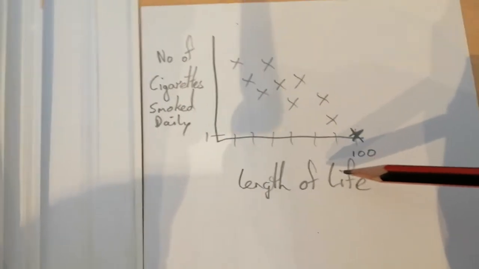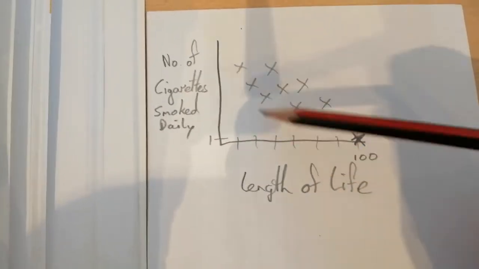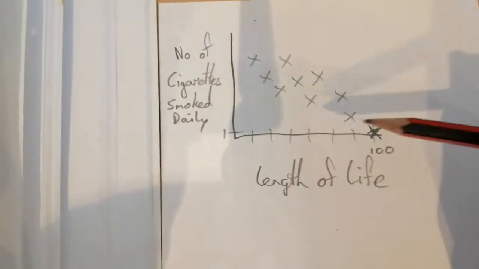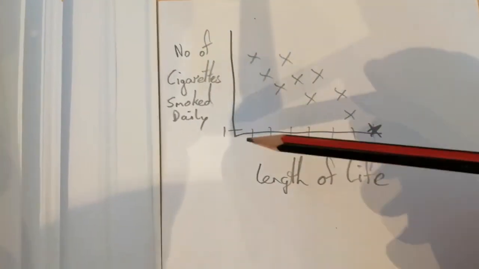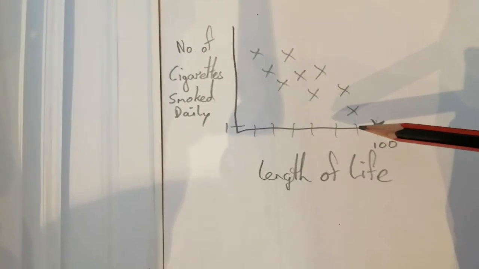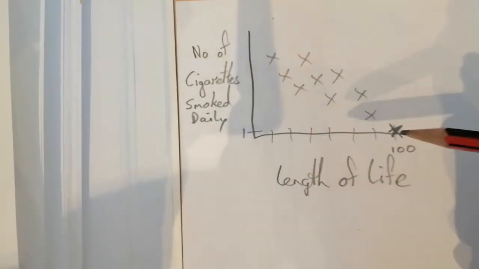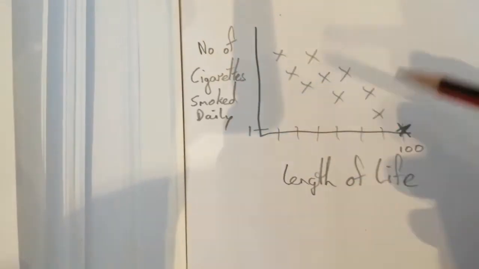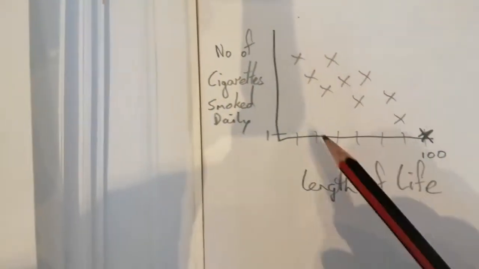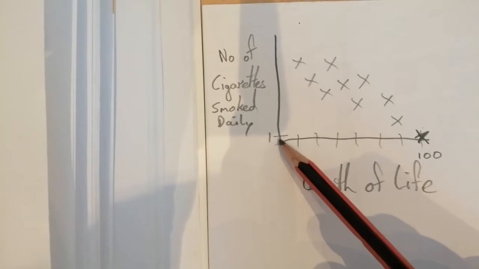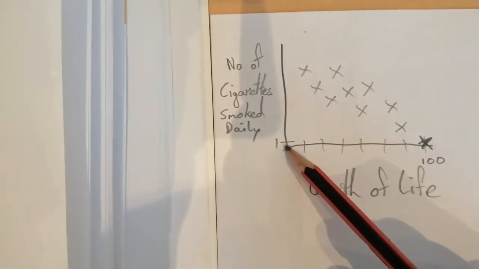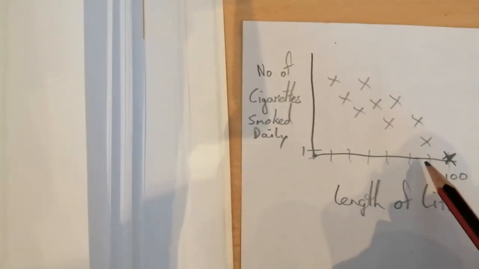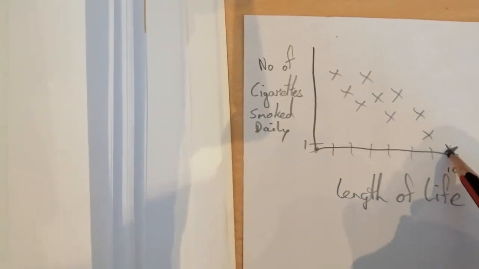In this case, you would expect that the more cigarettes that they smoked, the less the length of their life would be, or the longer they lived, the fewer cigarettes they smoked. And that is the case. Somebody who smoked 0 cigarettes should really be living a very long life, shouldn't they?